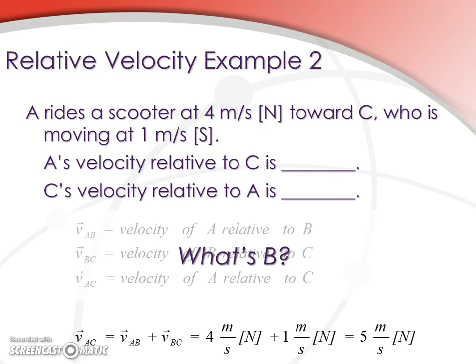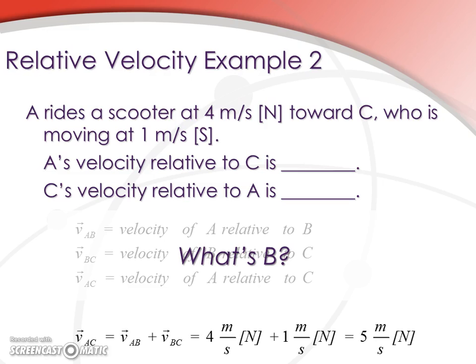So I refer to B as Brian, but since Brian's standing still, this is, I guess, the most common case we'll tend to talk about. With Brian standing still, effectively, he's the Earth.